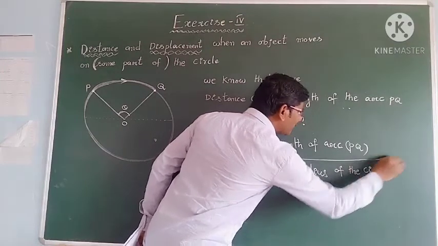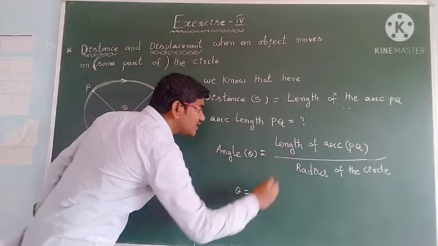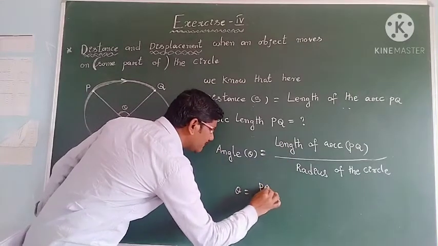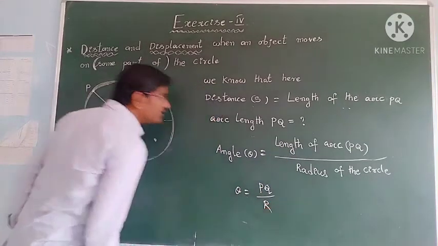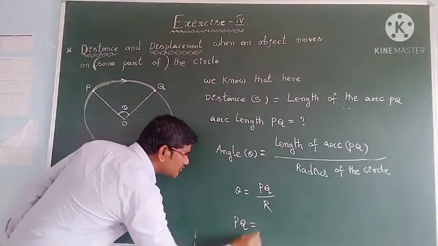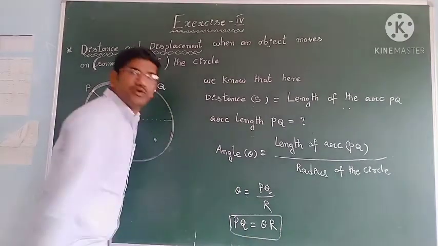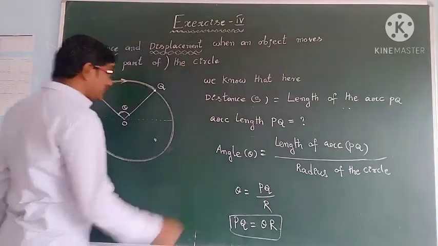So theta is equal to length of arc PQ by radius r. Then we are getting PQ. So PQ is equal to theta into r we know.